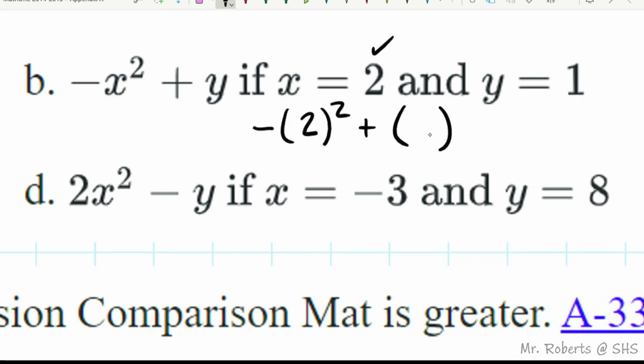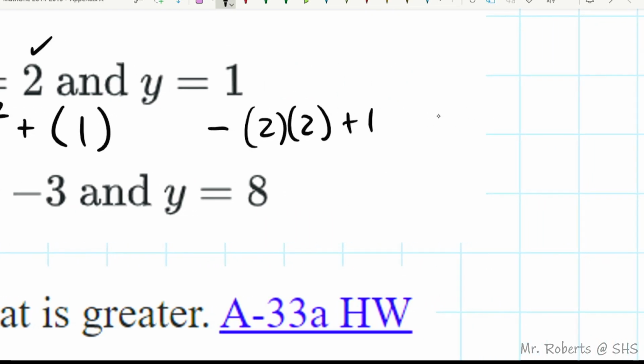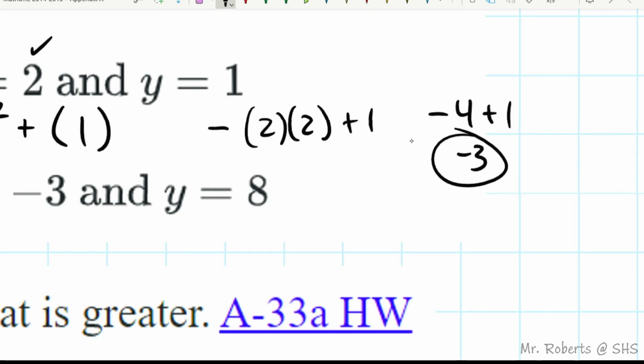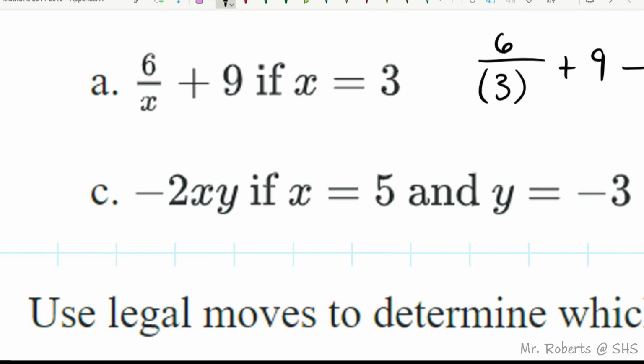And in place of where the y variable is, I'm going to write 1. This becomes the opposite of whatever 2 times 2 is, plus 1. That means this is going to be negative 4 plus 1, or we get negative 3 in this case. Negative 3. That's B.